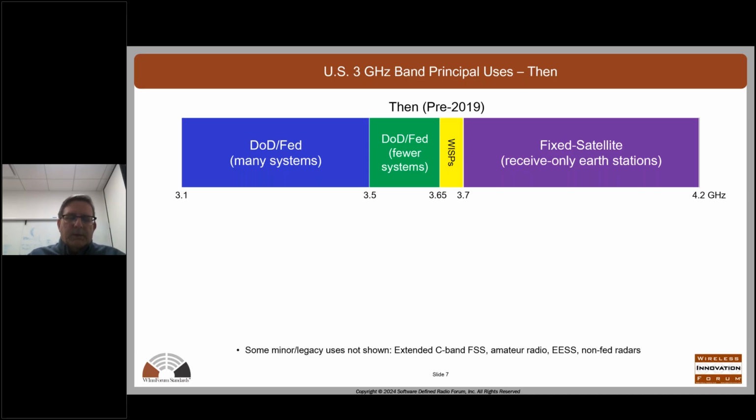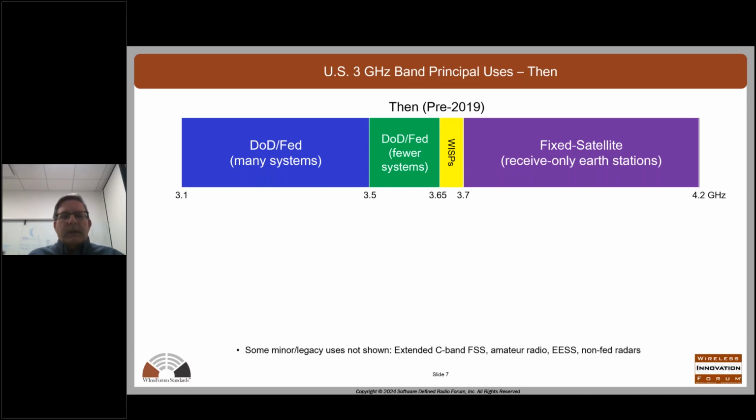There's also non-radar type things, station keeping equipment that allows planes to fly in tight formation. There's a lot of systems that the DoD has deployed at 3 gigahertz. And so trying to deploy mobile broadband in 3 gigahertz is a bit more of a challenge in the United States than it is in other countries.